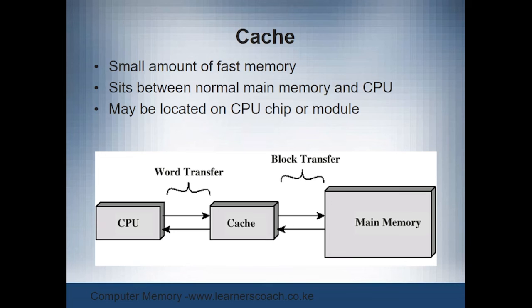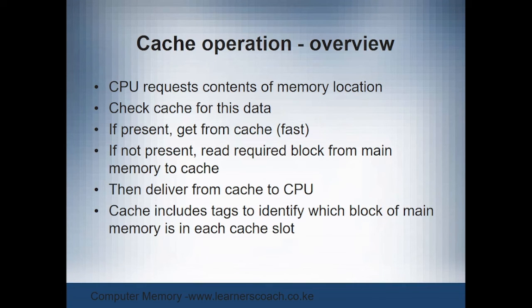So here is our situation: if the CPU doesn't get the much needed instruction from cache, the cache has to check the main memory, and it transfers this in block form. So between the CPU and the main memory, we have the cache. In general, the operation of the cache goes through a step-by-step process, right? Normally the CPU requests contents from the main memory, then it checks the cache to see if this data is available.